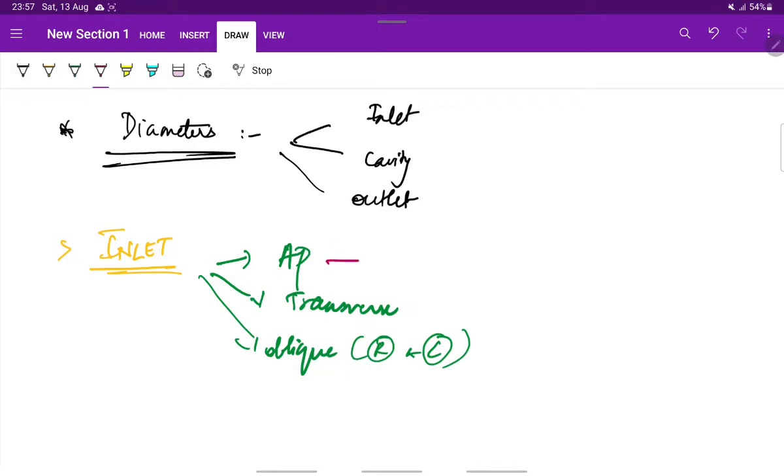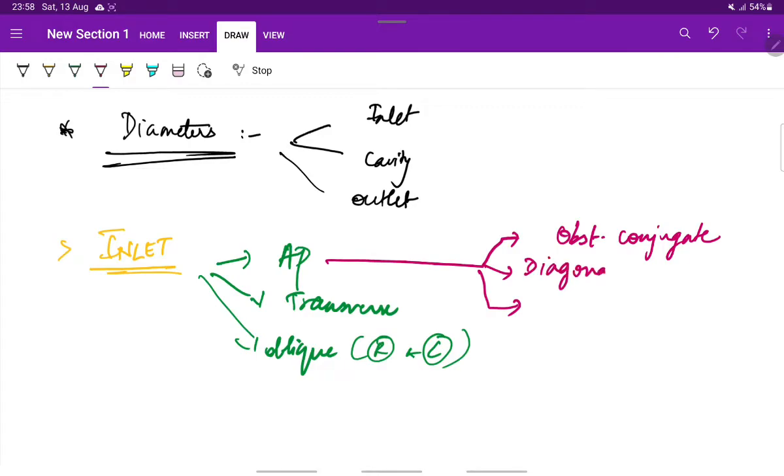The anteroposterior diameter is further divided into three. One is the obstetric conjugate, then the diagonal conjugate, next comes the anatomical conjugate.